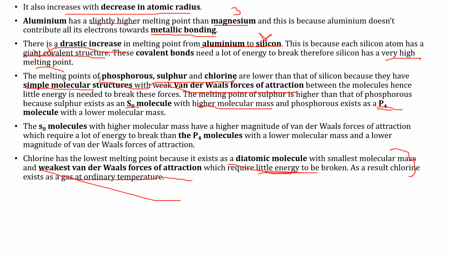Room temperature is enough to break the van der Waals forces of attraction holding its structure. That means that it can easily exist as a gas, because in the gaseous state, atoms are spread far from each other. That means that the forces holding them are very weak.